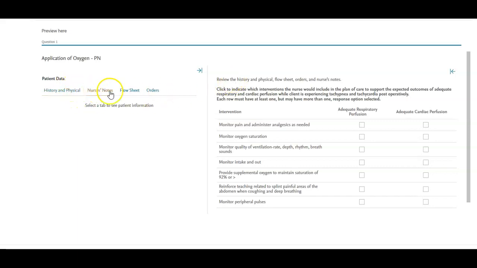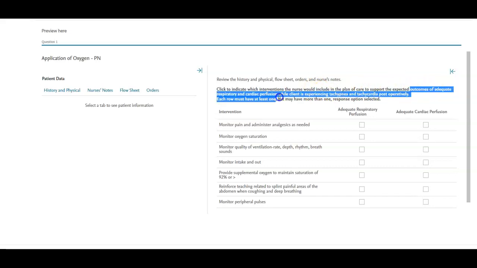Now, before I look at all these, I want to see what am I going to be doing here. I'm going to be looking for interventions that I want to include to support the outcome of adequate respiratory and cardiac perfusion for the patient that has tachypnea and tachycardia postoperatively.